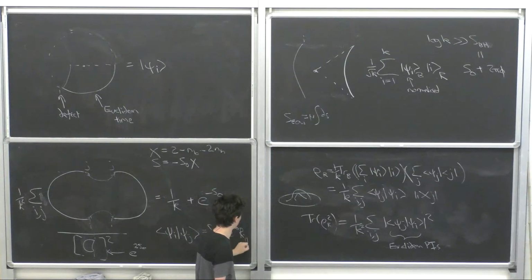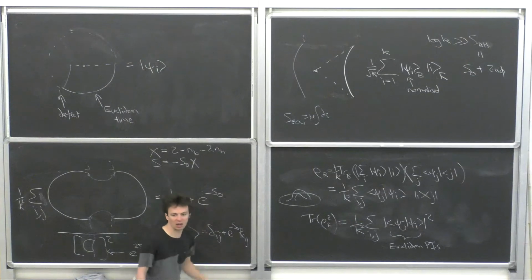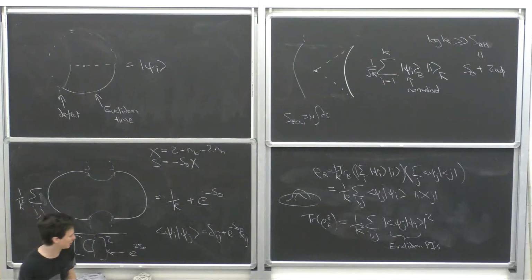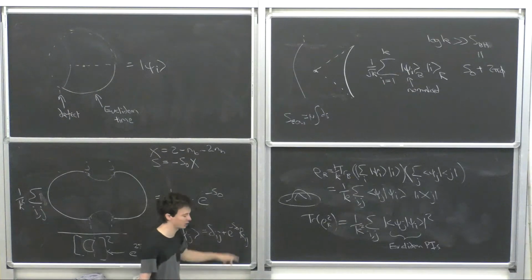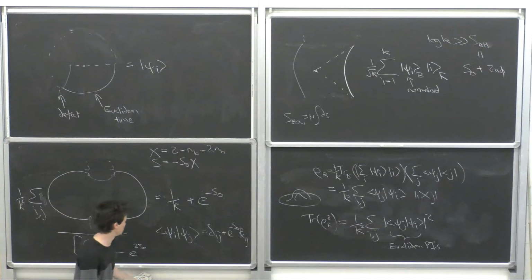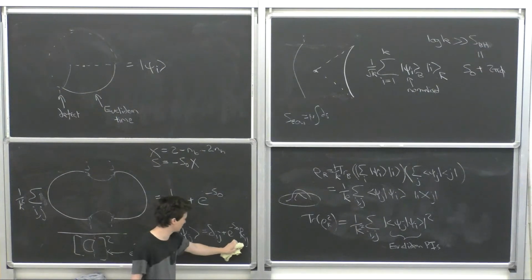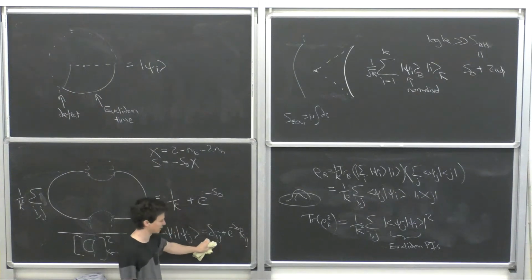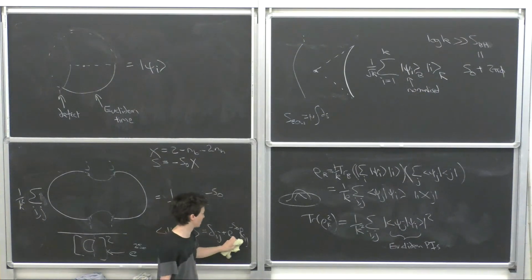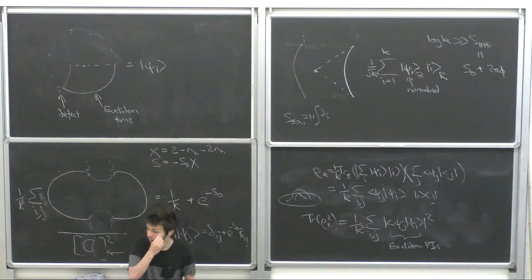Times rij, where rij is an independently drawn Gaussian number with mean 0 and variance 1 for each pair ij. Okay? So if you compute the expectation of this thing, you average over those rij's, you'll just get delta ij. But if we compute the modulus squared of it, then we get an extra contribution that comes from this thing.